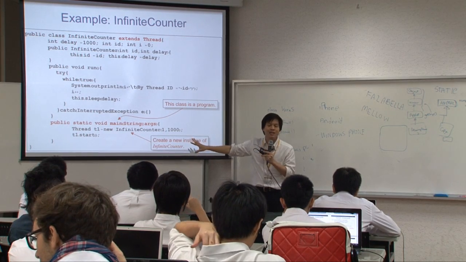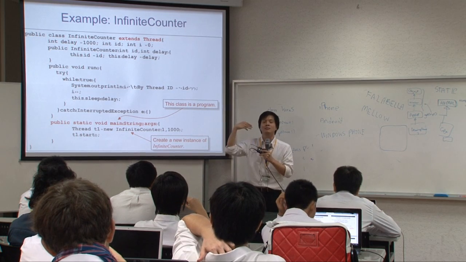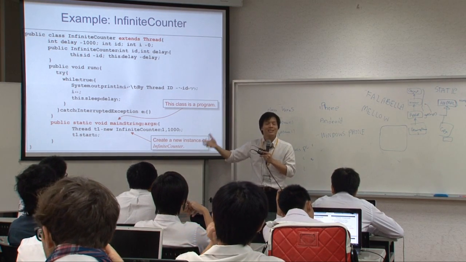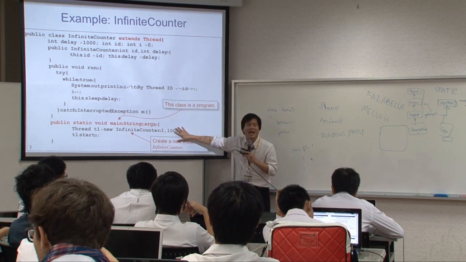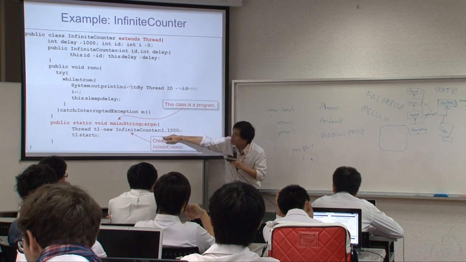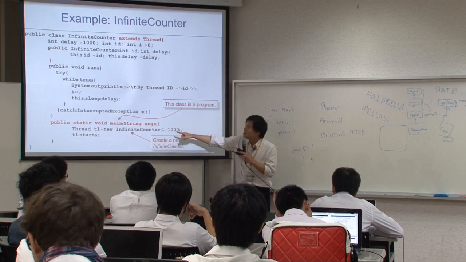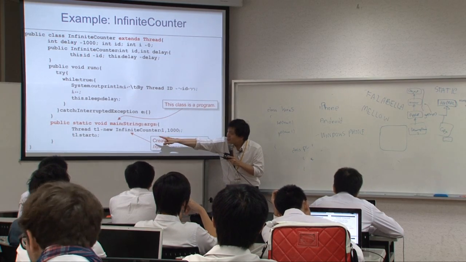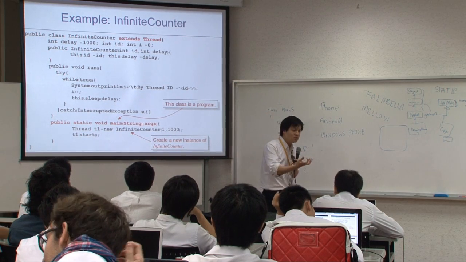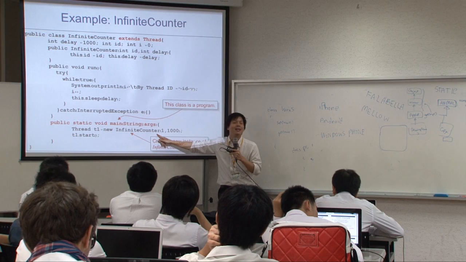All right, so suppose we have this InfiniteCounter.java, and then we compile this thing, and then we run Java on this class. It can be executed because it has the method main, right? So, what are the operations of this program? Yeah, this line, right? Create a variable t1 of type Thread.